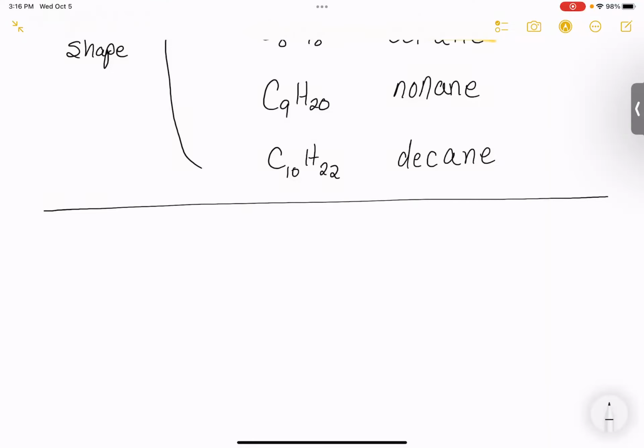Okay. Now what we're going to do is we are going to get into binary covalent molecules.